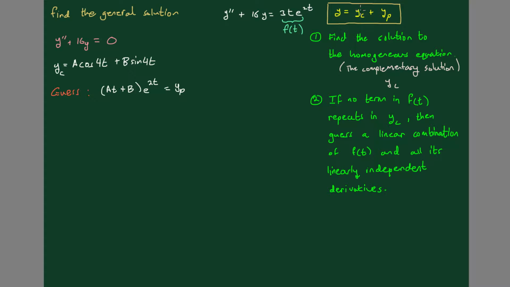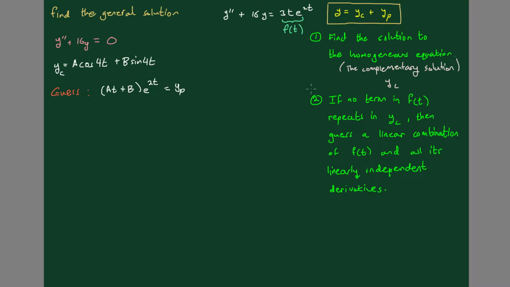And in order to solve for yc, where yc is the homogeneous solution, we have to solve this homogeneous differential equation here, which is the same as this, except we have a zero here instead of f of t. So the first thing we're going to do is to find the solution to the homogeneous equation, our complementary solution.